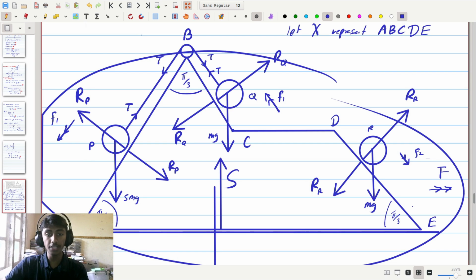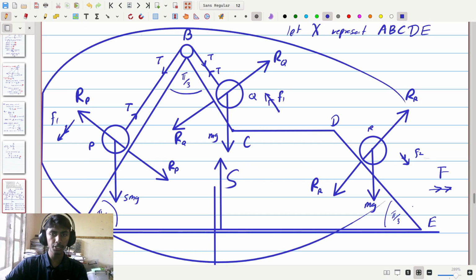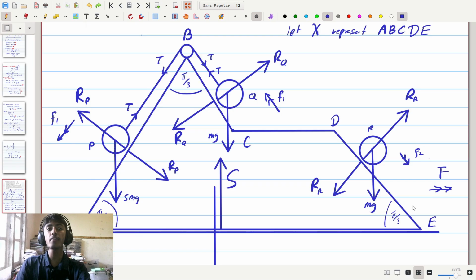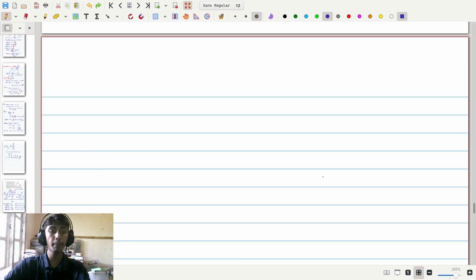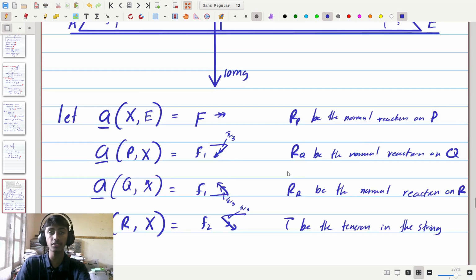Now in this particular case, if you consider the horizontal direction and you apply F equals ma for the entire system, you will notice that there is not a single horizontal external force on the entire system. So due to this, if we go down and say, applying F equals ma for the entire system in the horizontal direction like this, then on the left hand side, for the sum of all of the forces F, we're going to have 0, since there are no external forces acting on the system.